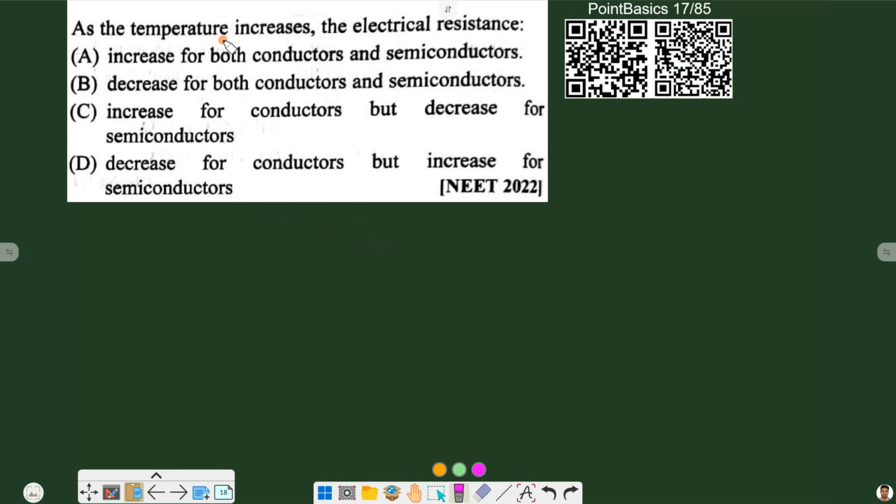Now, coming to electrical resistance, we first have to get an idea of how resistance comes into the picture for conductors, then for insulators, and then at last for semiconductors.